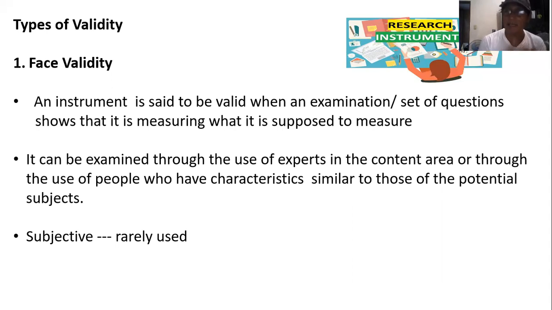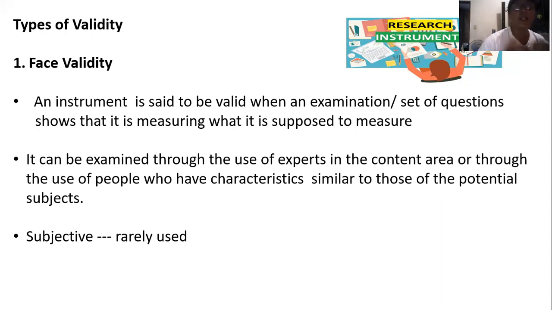The better if it's higher, 0.8 hanggang sa 1. Okay? The Cronbach's alpha is usually written on the published paper of the author.